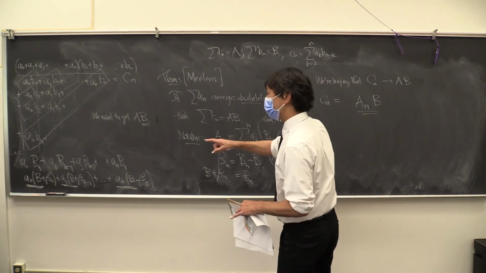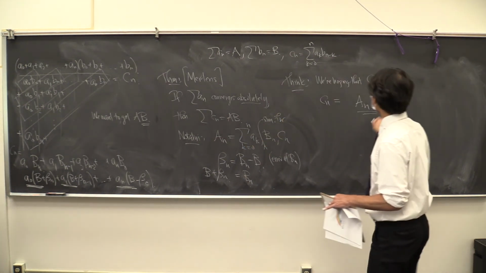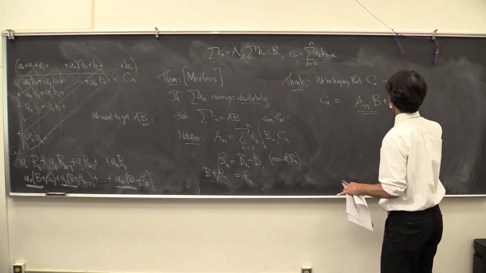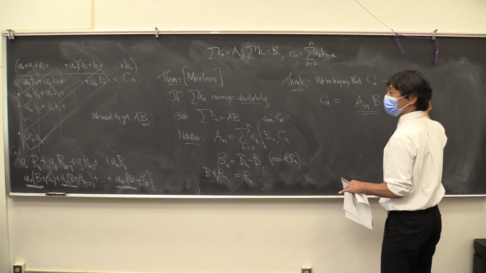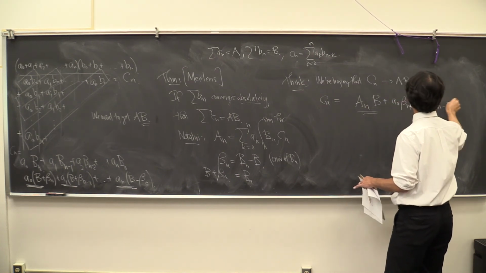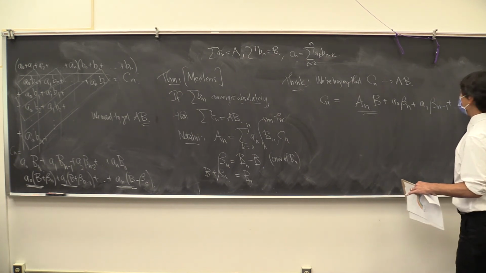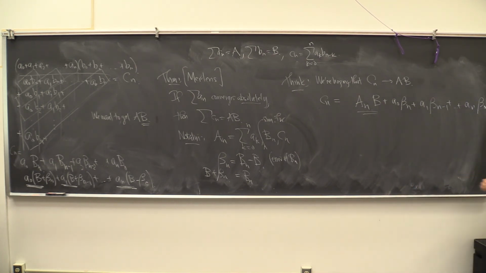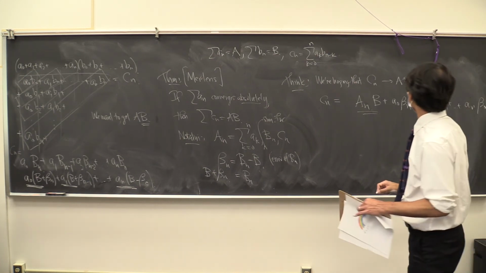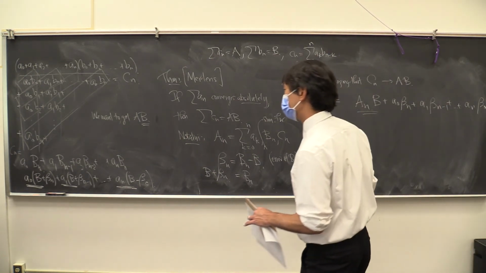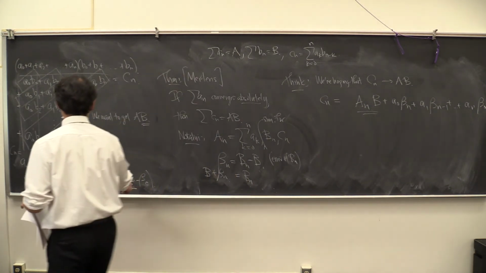And then I get this kind of funny term: plus A naught beta n plus A1 beta n minus 1 plus up to A n beta naught. Sorry, this should be a plus here.